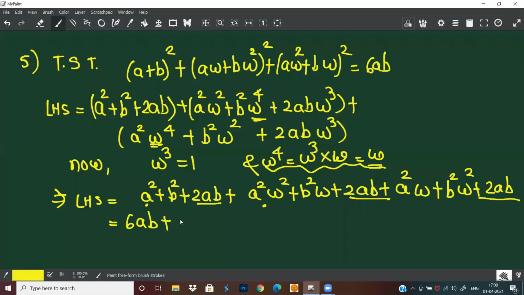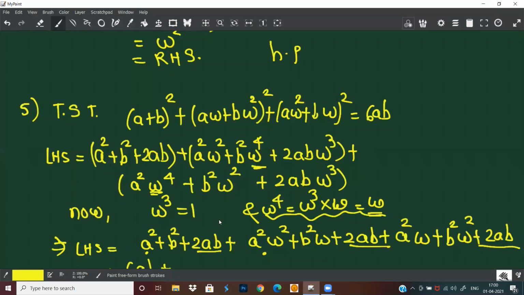तो उसमें से A square कॉमन 1 प्लस ओमेगा स्क्वायर प्लस ओमेगा.